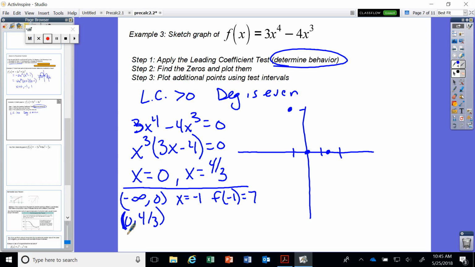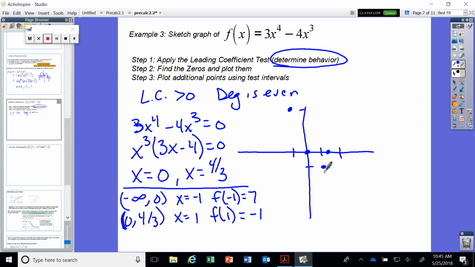So between 0 and 4/3, I'm thinking let x equal a positive 1. Substituting a positive 1 in there, we see that the value is -1, because you get 3 minus 4, that's our -1. And so we have a point on the graph now at (1, -1) specifically.